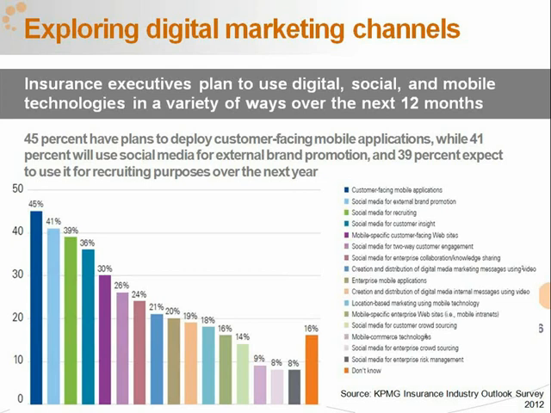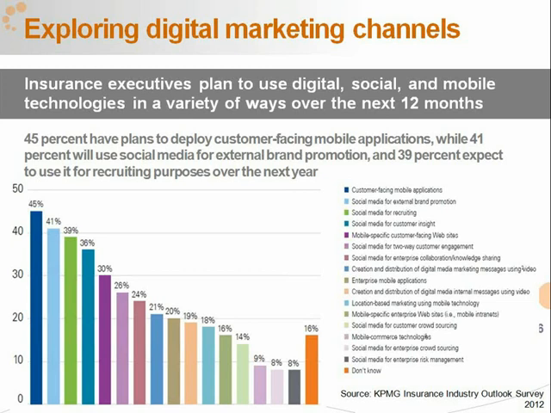Now these are interesting numbers because in our experience of working with a number of insurance customers over the years, what we have seen is that it's not every day that an insurance firm will jump at the opportunity of using social media. It's a regulated industry. It has a lot of ramifications for both the customer as well as the provider. And social media is promising, but it also has its own set of challenges.